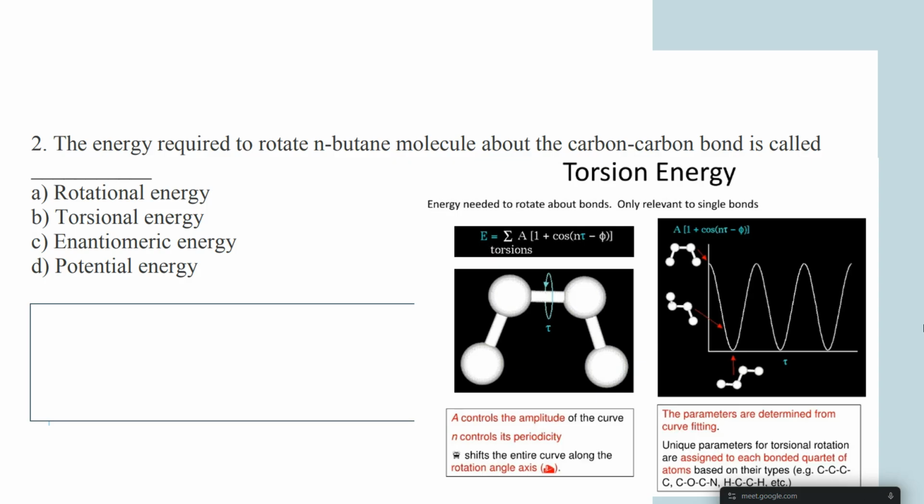You only have to remember that whenever we are rotating a molecule in such a way that the rotation involves 4 atoms in total, and the rotation is centered on a single carbon-carbon bond, that rotation will involve torsional energy. Hence for this question, the energy required to rotate N-butane molecule about the carbon-carbon bond will be called torsional energy.